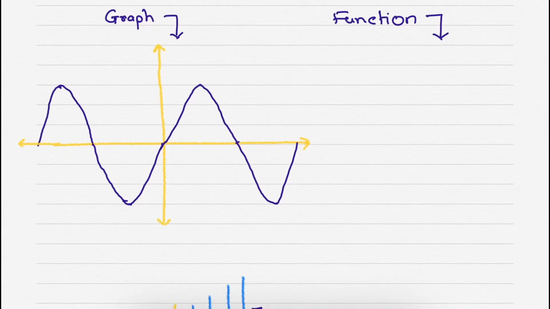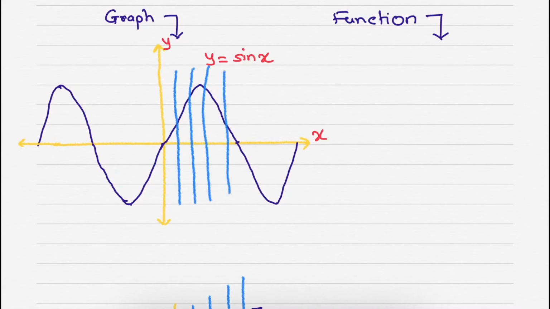So right now, the graph you are seeing is y equal to sin x. This is your y-axis, and this is your x-axis. In order to find out whether this equation, y equal to sin x, in graphical form is a function or not, you have to use the vertical line test and draw vertical lines on this graph. Here you can see I drew a couple of vertical lines.